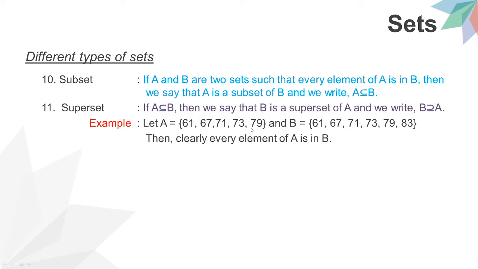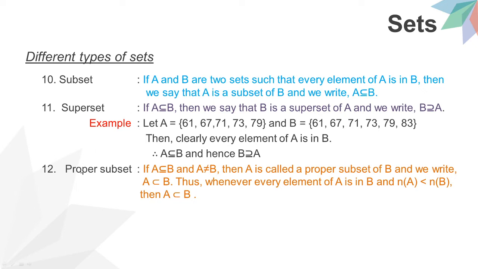So every element of A is in B. Therefore A is a subset and hence B is a superset of A. Understood?